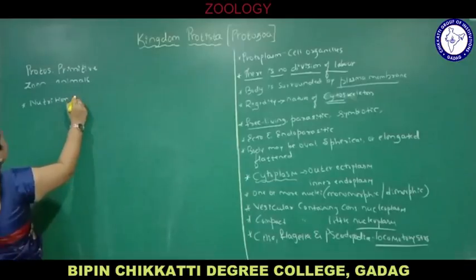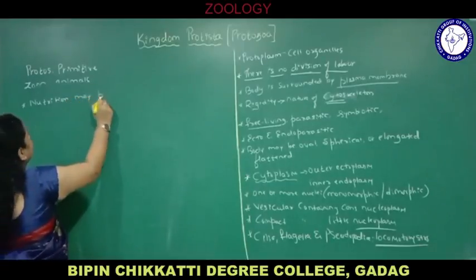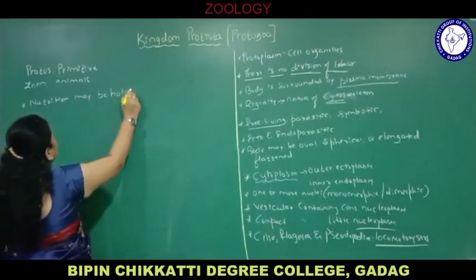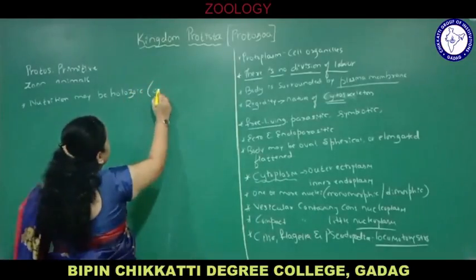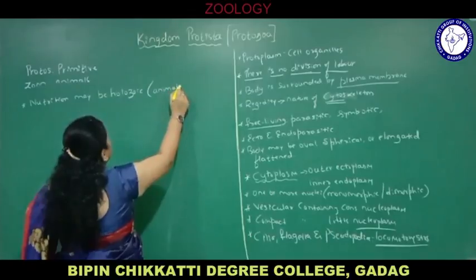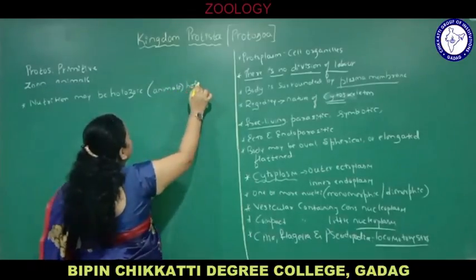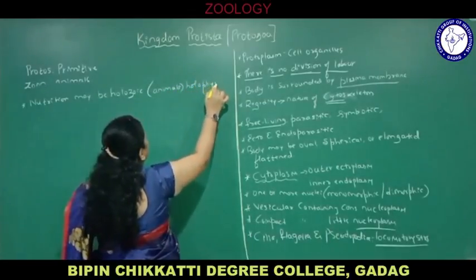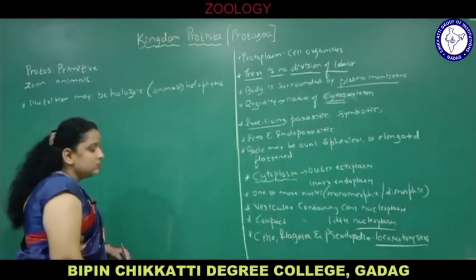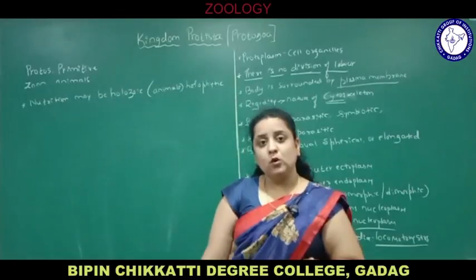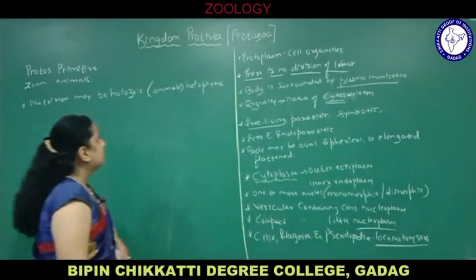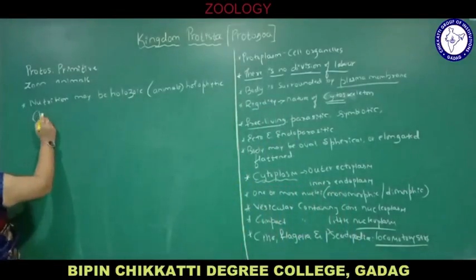Holozoic means like animals, and holophytic also. Phyta means plant, zoa means animals. Holophytic in plants, holozoic like in animals.